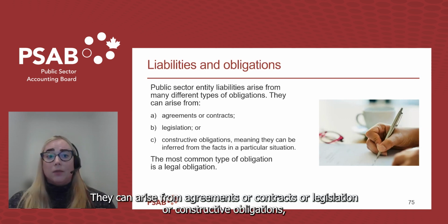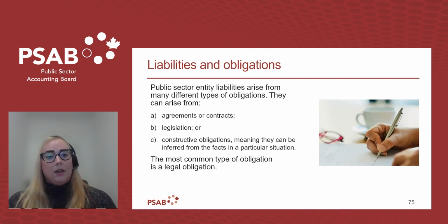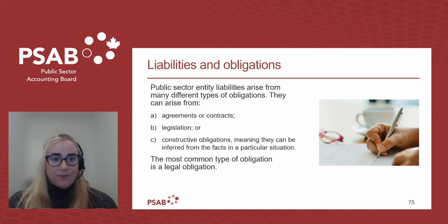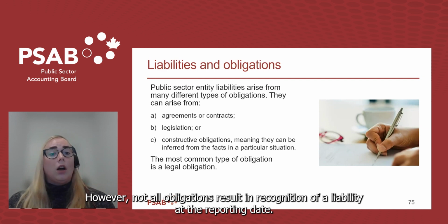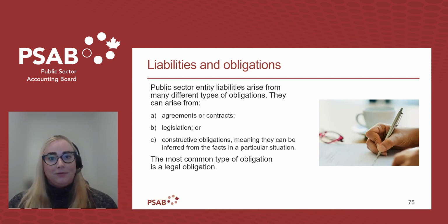They can arise from agreements or contracts, legislation, or constructive obligations, meaning they can be inferred from the facts in a particular situation. The most common type of obligation is a legal obligation. However, not all obligations result in recognition of a liability at the reporting date. Only those obligations that meet the definition of a liability are reported in the financial statements of public sector entities.